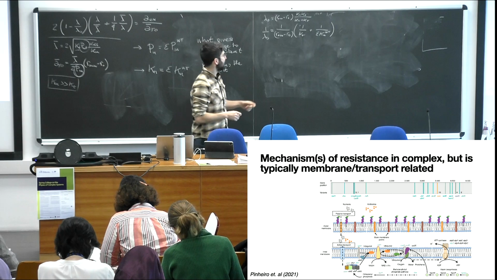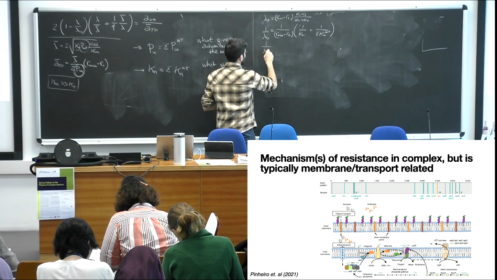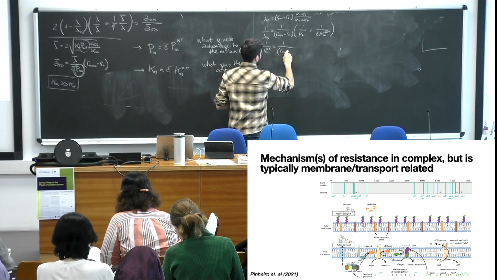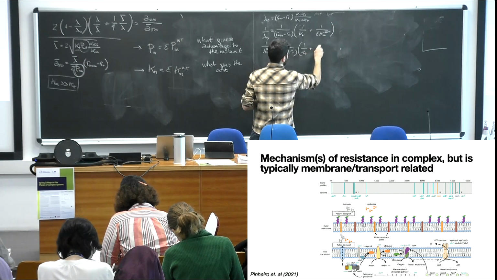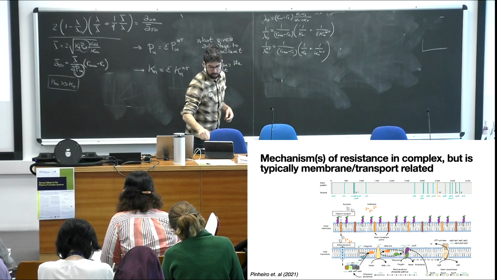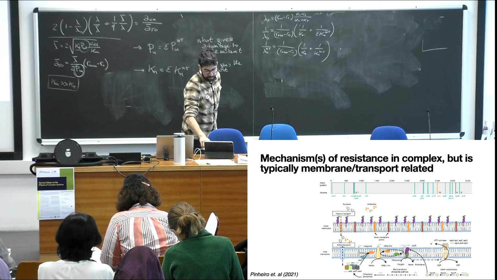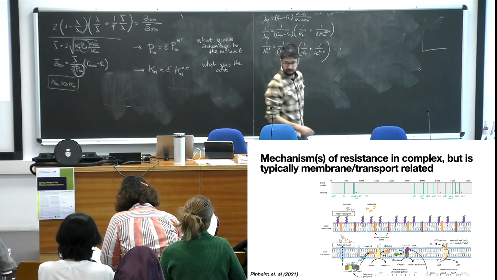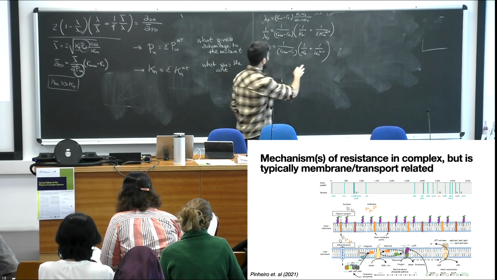And so if you express Kn of the wild type with the growth rate, you can express the growth rate of the mutant as a function of the growth rate of the wild type, right?